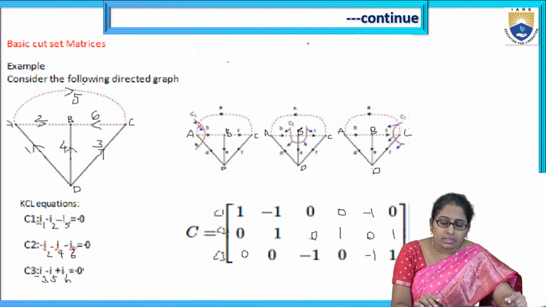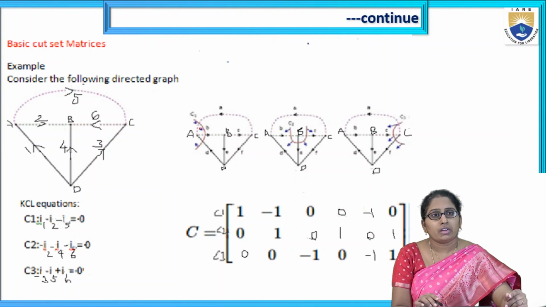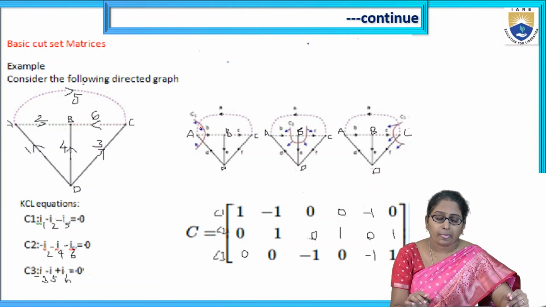So that's why this is one cut set. Also note that a cut set we always draw at a node, which consists of only one branch of the tree together with the links. So this is one cut set we can draw, C1.